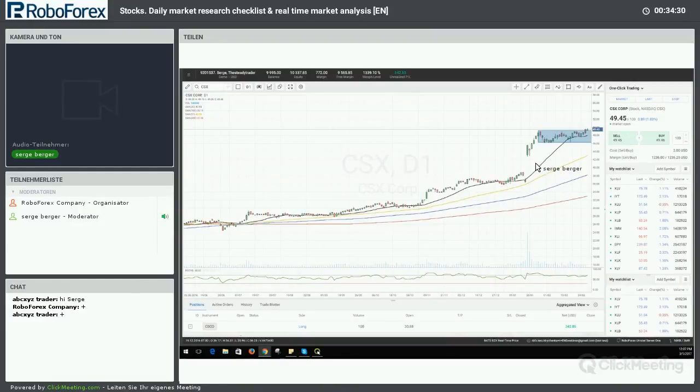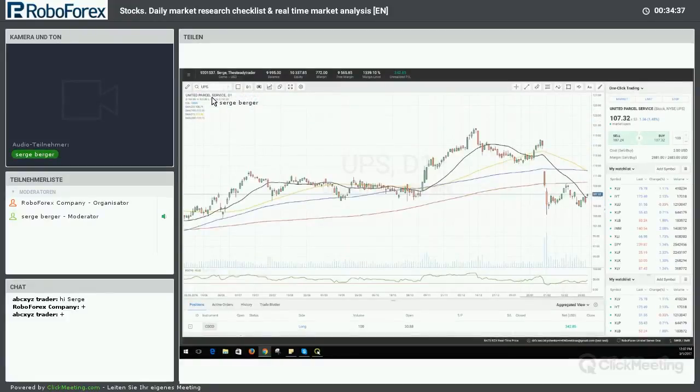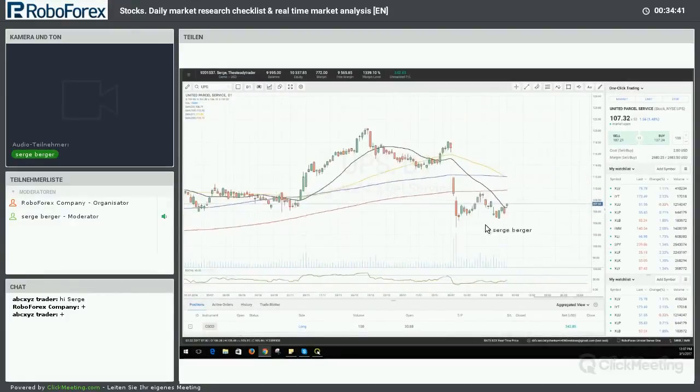However, I do respect a strong enough bullish reversal in a stock that has been underperforming, such as UPS today. You can see it's breaking back above that black line, which is our first reference point, the 21-day moving average. Breaking back above there is an important signal and something I want to respect.